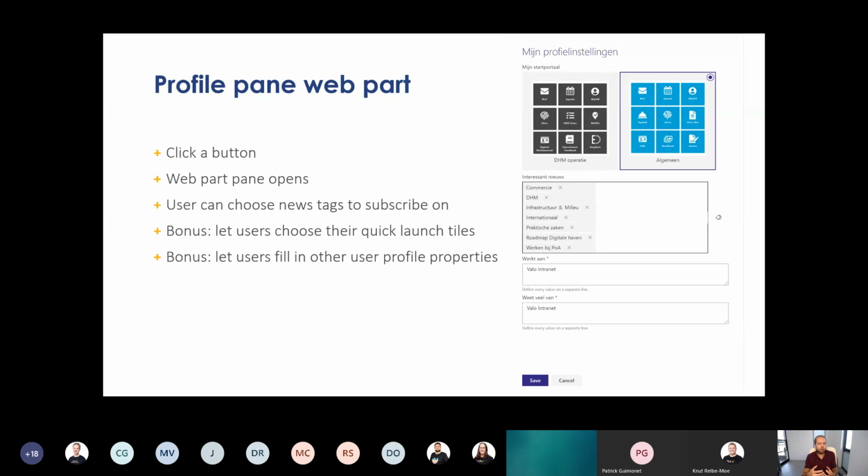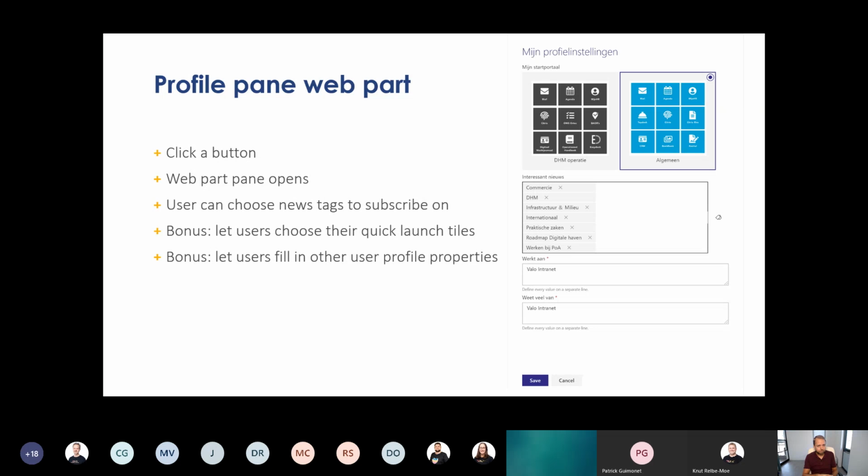And then we store these topics in the user profile property. So the users don't have to go to their user profile page to update the topics there. They can just, from the homepage of the intranet, click a button and update their subscription topics right there.